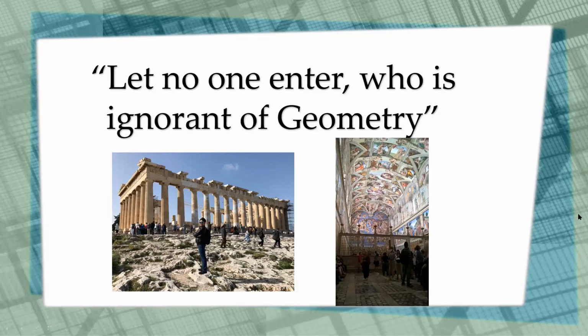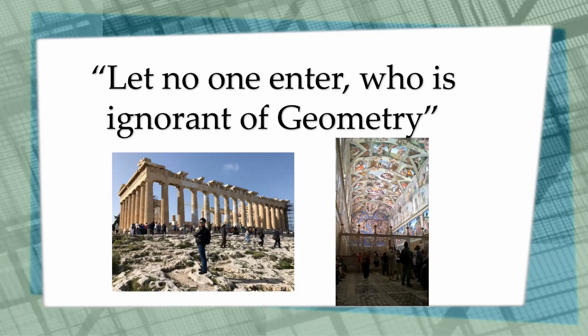So ito yung picture na kinuha ko when I went to Rome, sa Vatican Museum. Nandun yung famous Sistine Chapel na ginawa ni Michelangelo. So I took this picture when I was there. Makikita mo doon sa ceiling, nandoon yung fresco na ginawa ni Michelangelo.